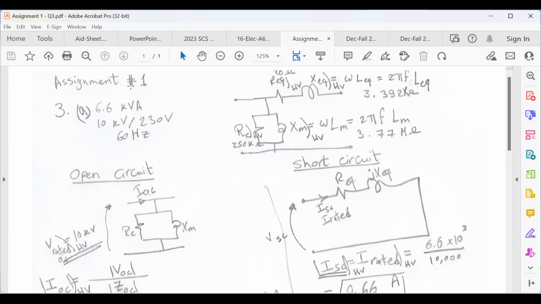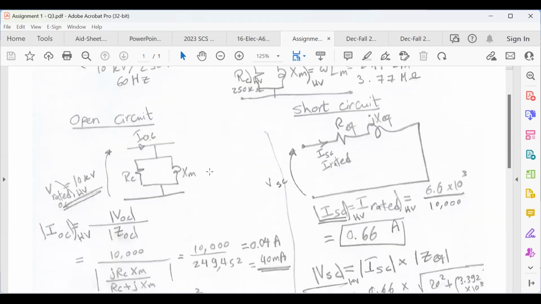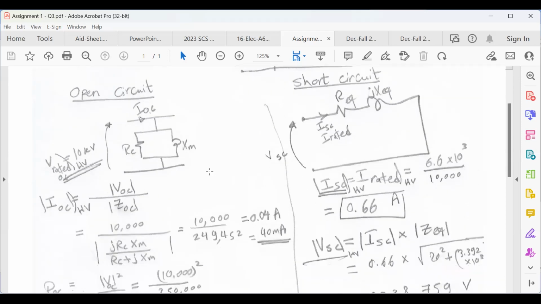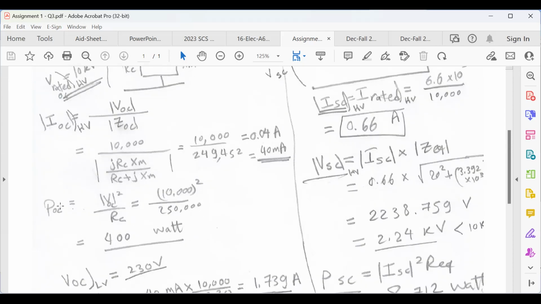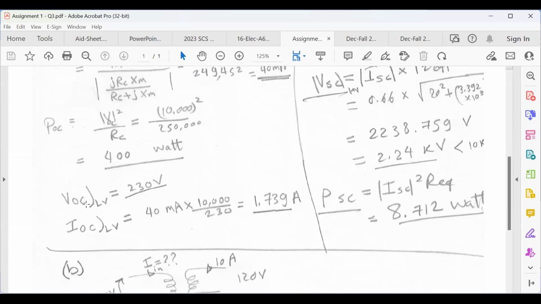It's here, assignment number 1, problem number 3, point A. This is the given and the equivalent circuit. I did it as open circuit and short circuit. For the open circuit, I calculated the voltage, the current, then the power, V squared over R. Then I moved to the low voltage because this is what they asked for.